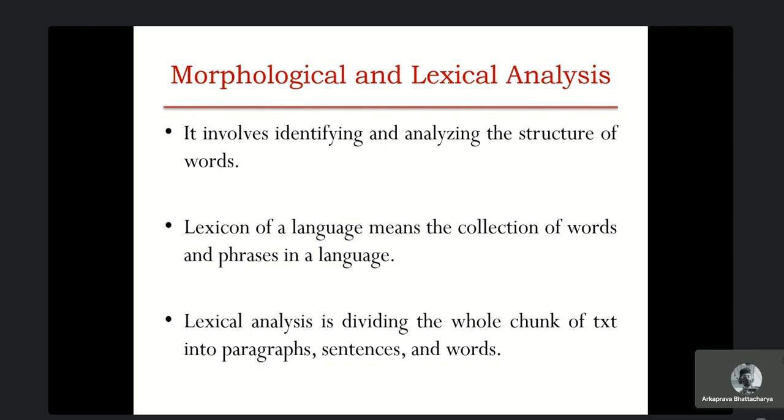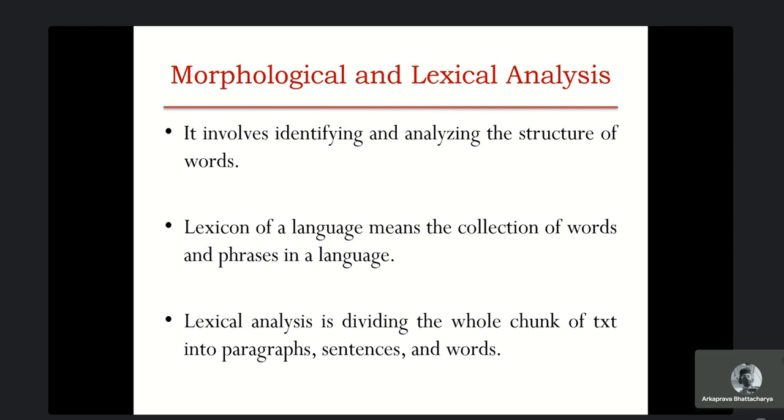What we do here is divide the whole chunk of text into paragraphs, sentences, and words. This phase scans the source code as a stream of characters and converts it into meaningful lexemes, which are nothing but the words, or it could be characters.